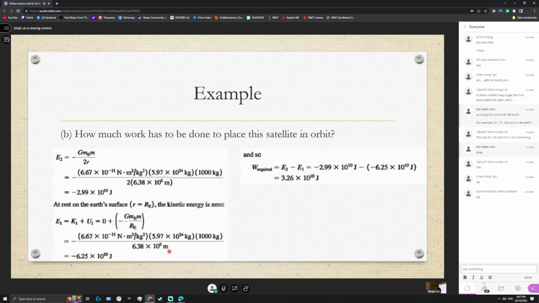If you put in the values, you will get this value. So with energy at point 1 and energy at point 2, the work done required is just the difference. E2 is at a higher value, correct? Because there's a negative sign in front. So you take E2 minus E1, that's the amount of energy you need to supply to get it into that position.